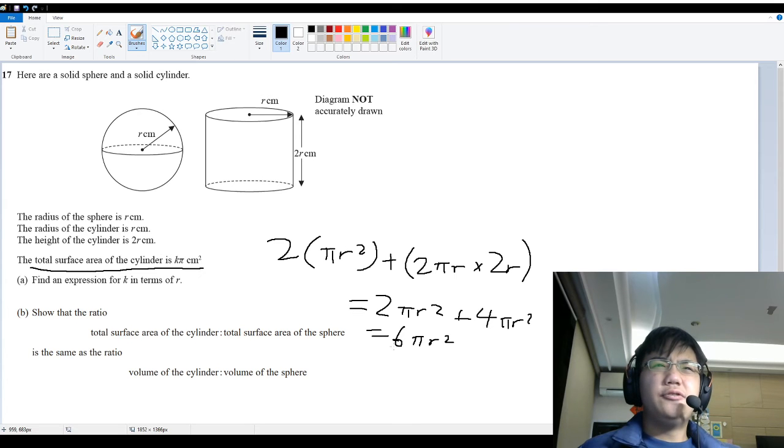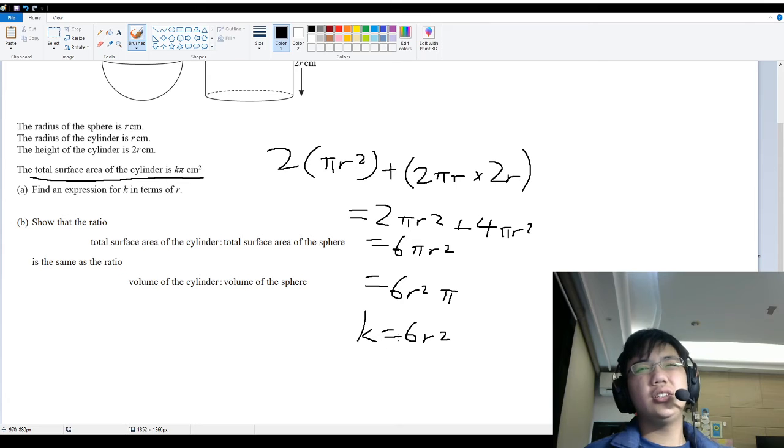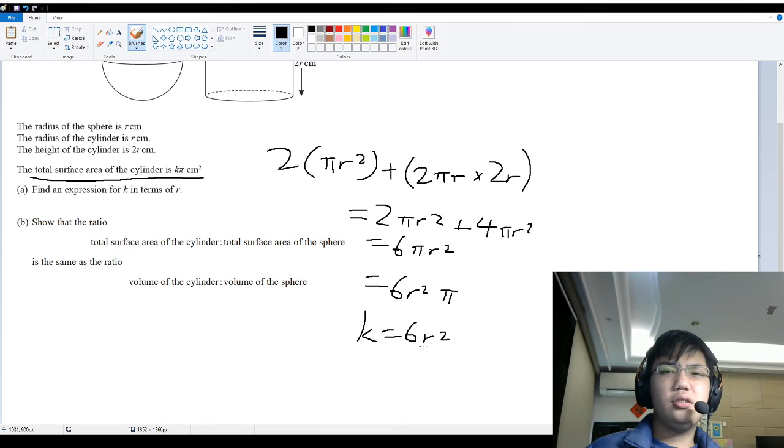And therefore we can write this as 6r squared times pi. So k equals 6r squared, as the surface area of the cylinder is k pi centimeters squared. So 6r squared equals k.